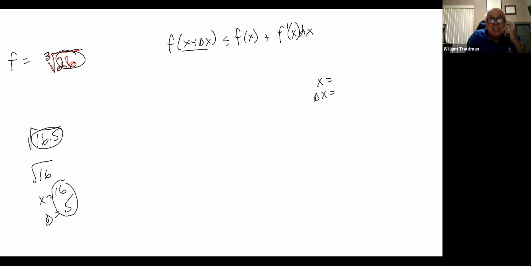So I mean, this really takes a little thinking. What do I want to use for x? What's the perfect third root that's close to 26?